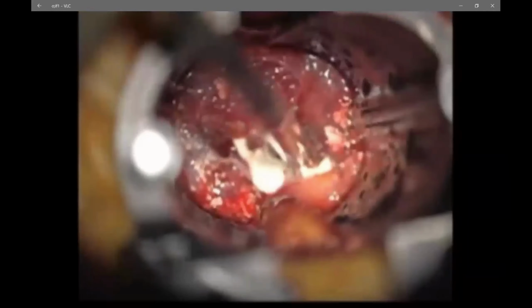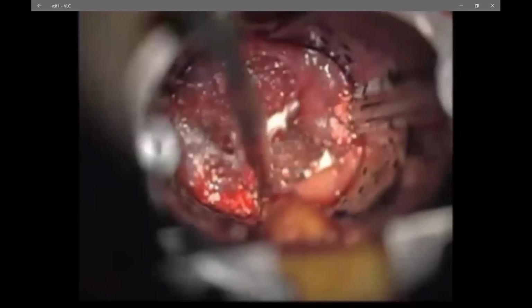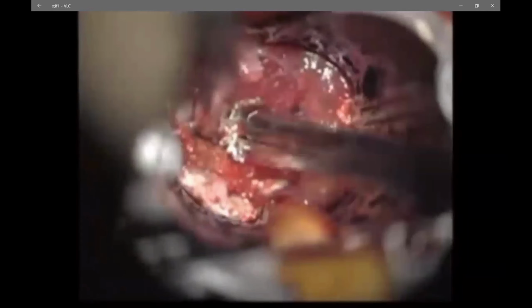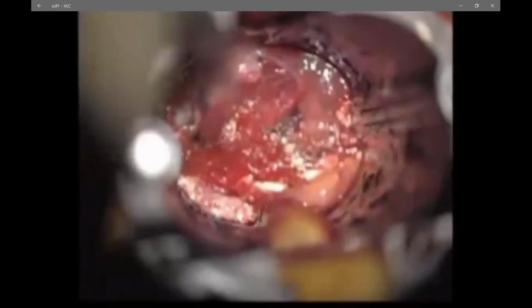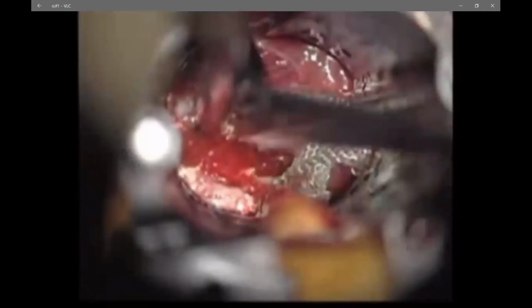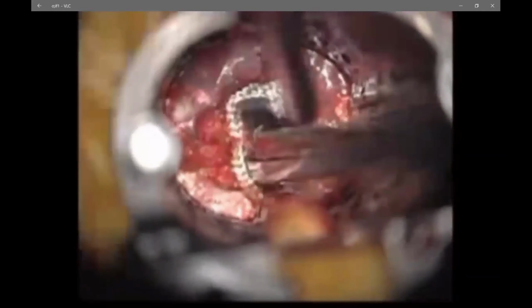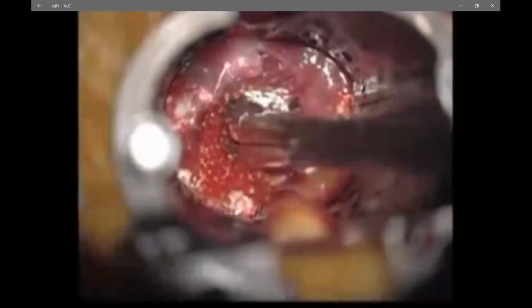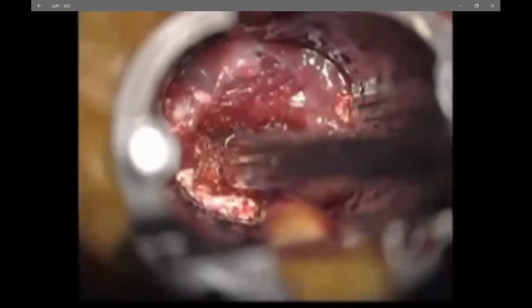And here you are inside where this thing is there. To check for the bleeding, you put some Surgicel, hemostasis. So in this case, there was no oozing. But still you have to check when you take out the pin, whether any oozing is there or not.